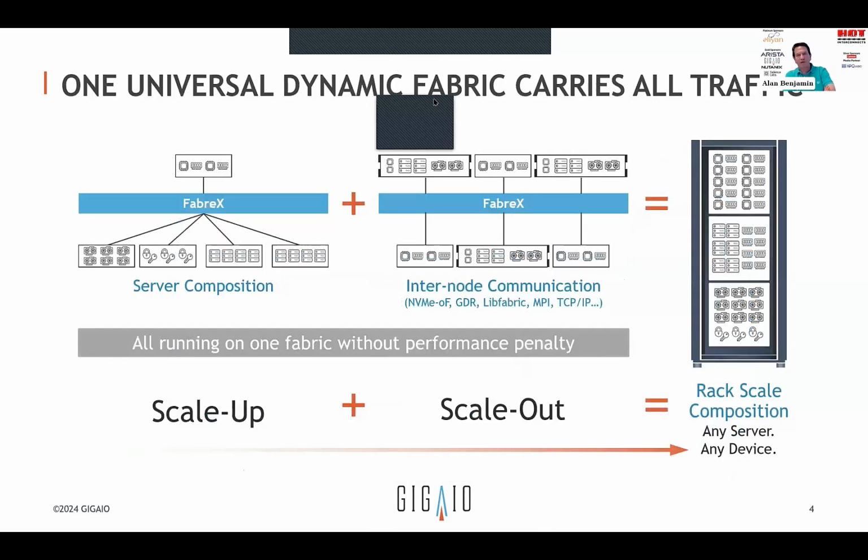So with FabreX, we achieve two things. We can scale up a given server, and we'll talk about that in a second, but we can scale up resources on a given server to quite large numbers. And when I say quite large numbers, it can be 32 or 64, or in some instances, even beyond that, depending upon the GPU. That matters.